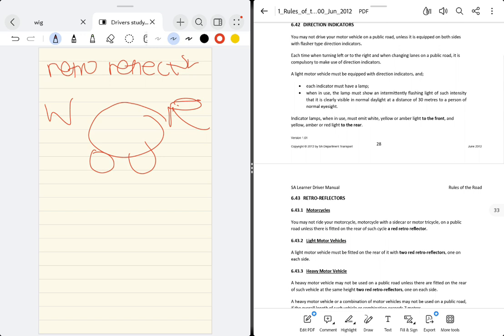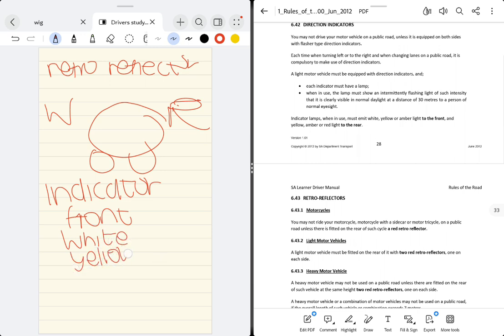Indicator lamps, when in use, must emit white, yellow, or amber light to the front and yellow, amber, or red lights to the rear. So this is something to remember. An indicator light at the front emits white, yellow, amber. Think of the sun.